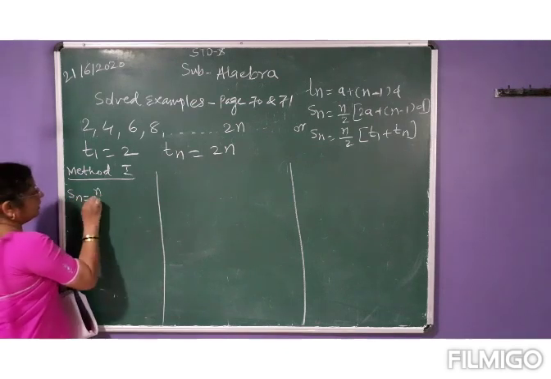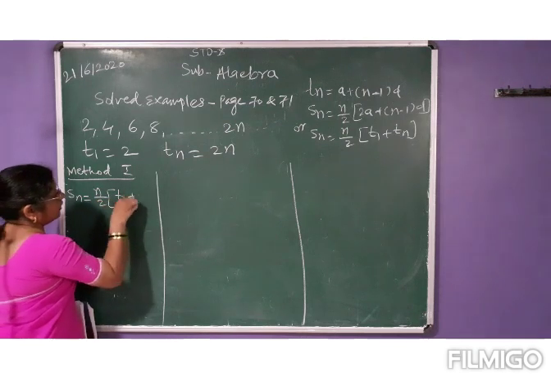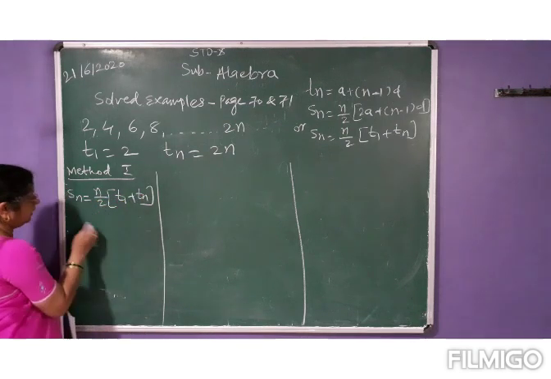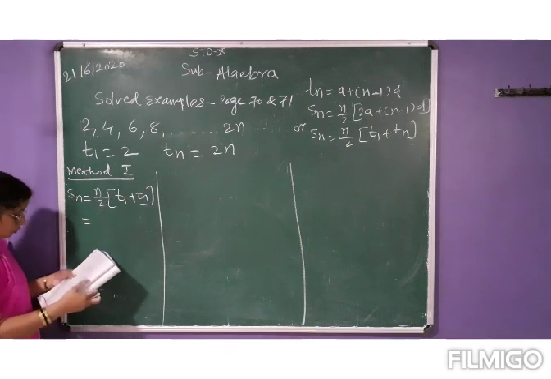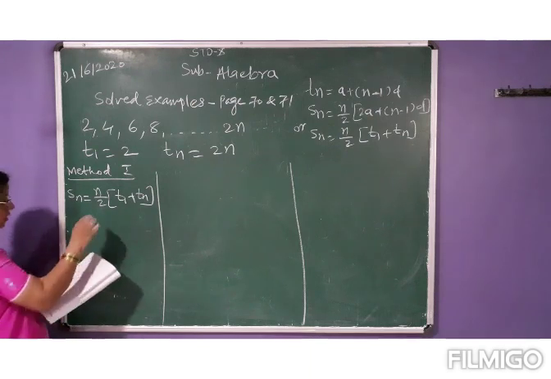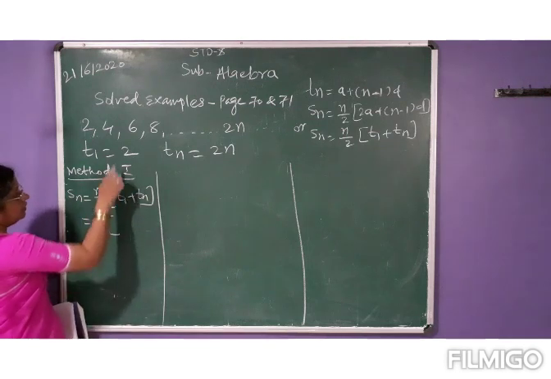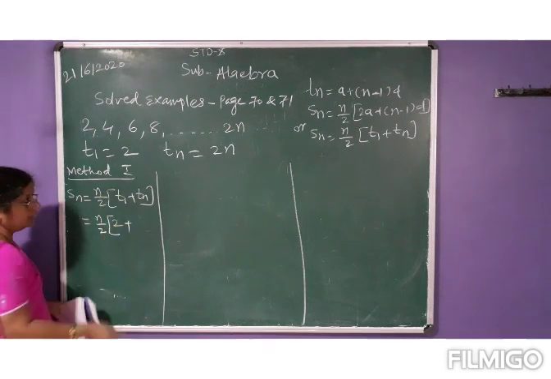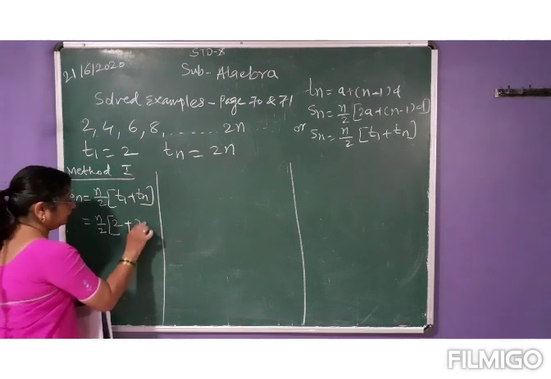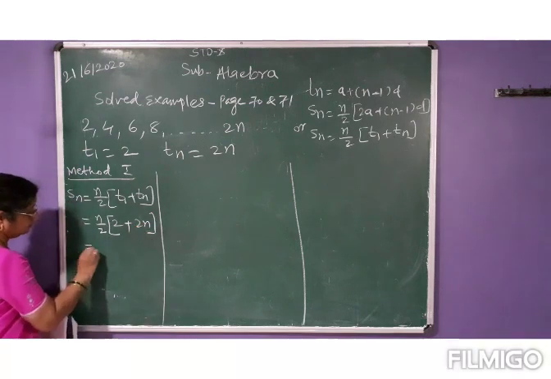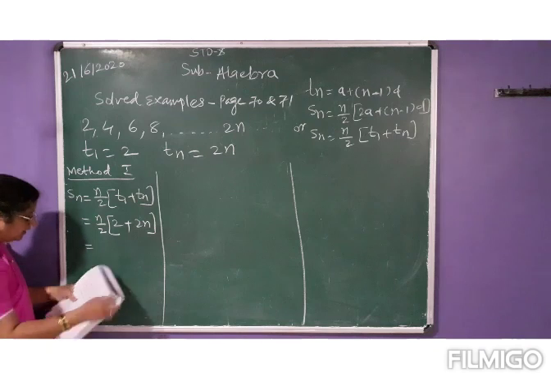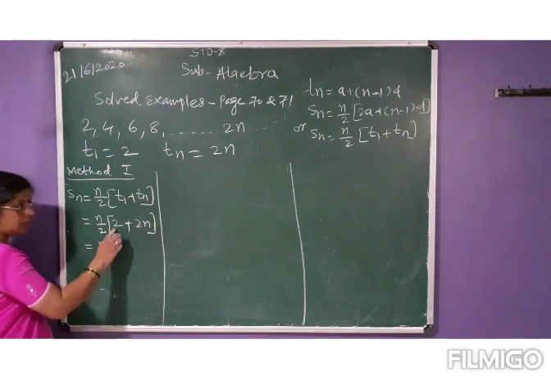Sn is equal to n upon 2 [T1 plus Tn], correct? n upon 2 stays as it is. What is my T1? T1 is 2. Tn is 2n. Correct?